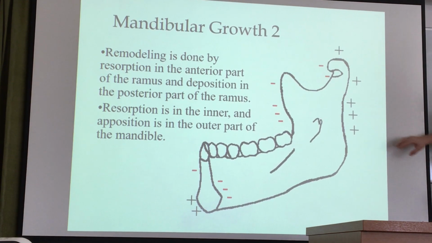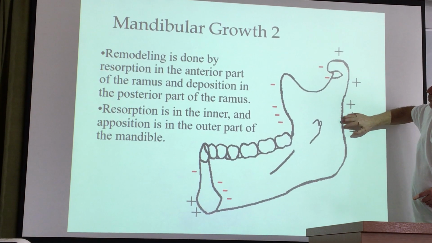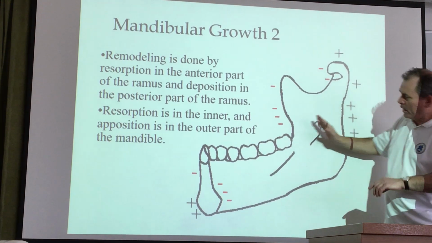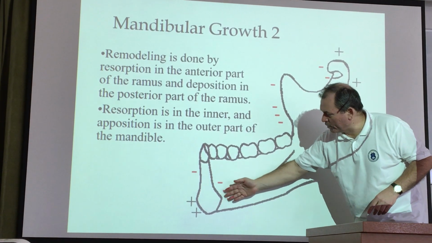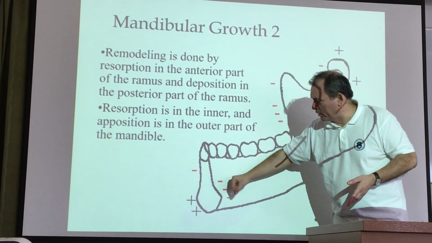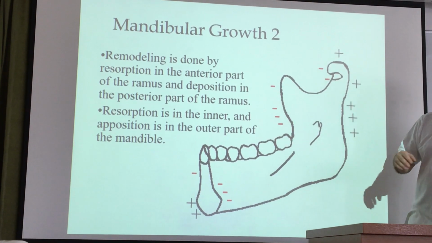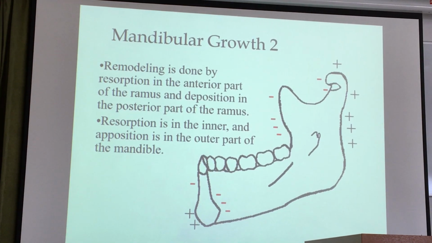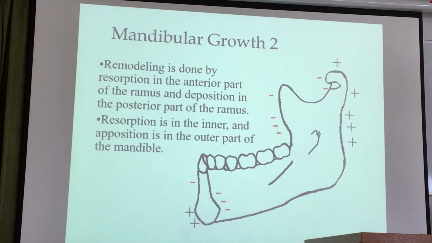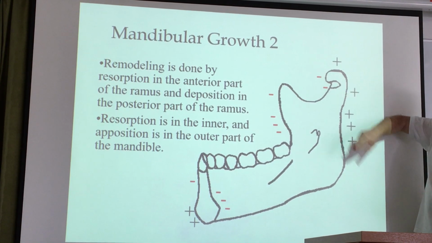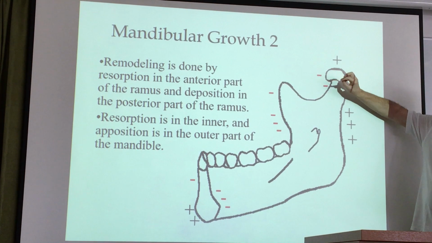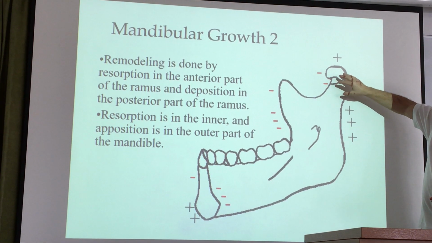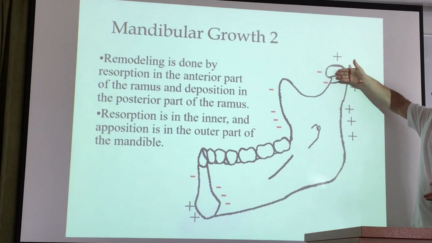So you can see here the intramembranous bone production. Bone is deposited here and removed here, and from the inner side the bone is removed, and to the outer side of the mandible new bone is deposited, because of the intramembranous bone formation and deposition. And here there is the subcondylar cartilage or condyle cartilage, which is producing the endocondylar bone production.